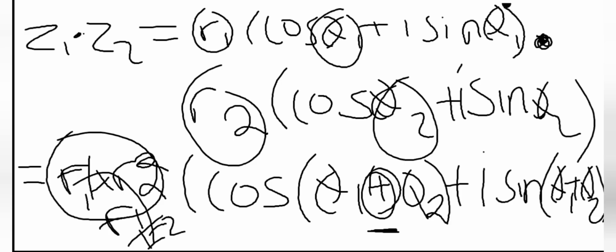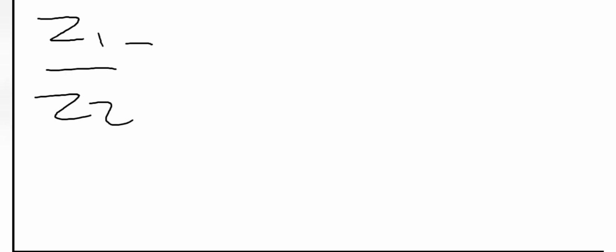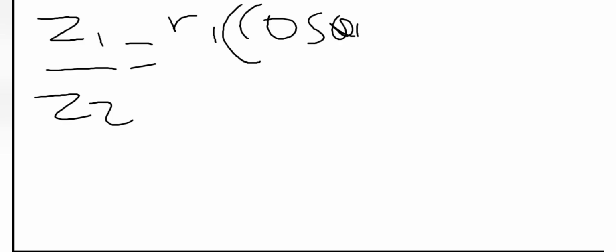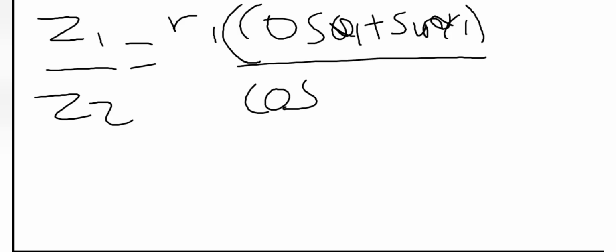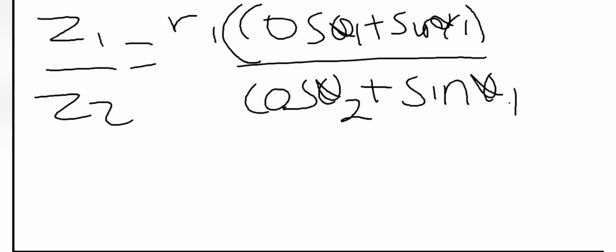This should be in your mind. You have to apply those rules. Let me just write it so that you get what I'm saying. We have r1 cos angle 1 plus i sine angle 1 over r2 cos angle 2 plus i sine angle 2.